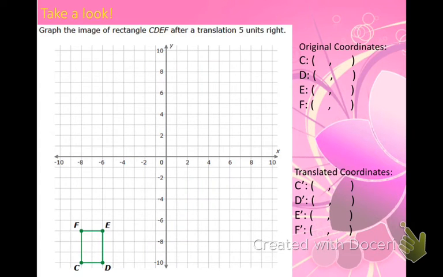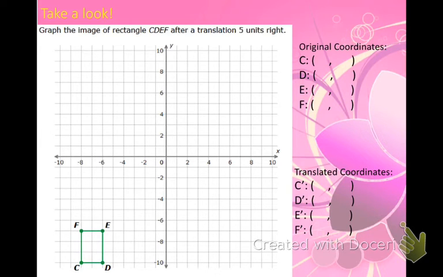So we're going to graph the image of rectangle CDEF after 5 units translated right. The only way we're doing this is you have to write the original coordinates first. So this is going to get us good practice with writing coordinates.